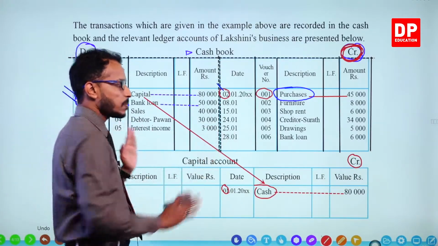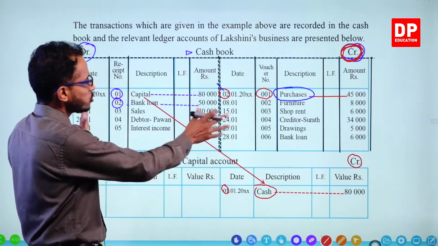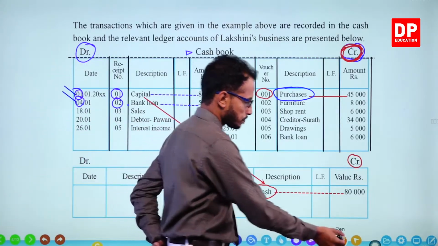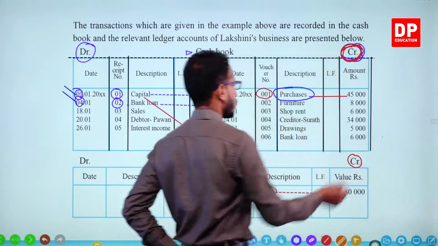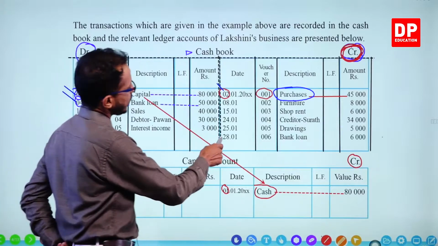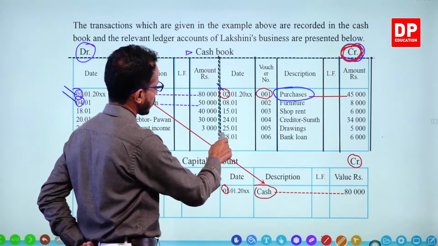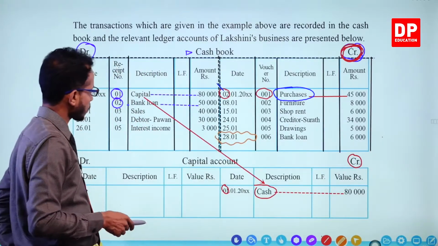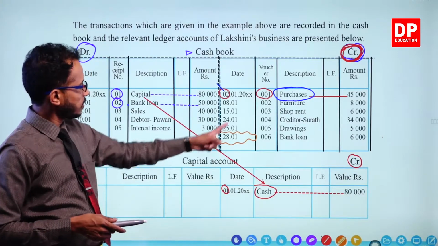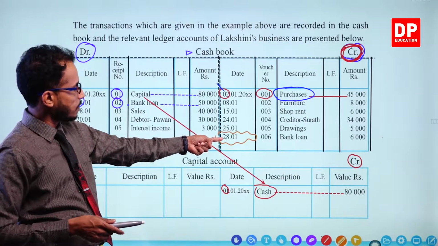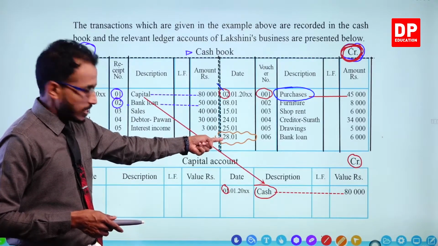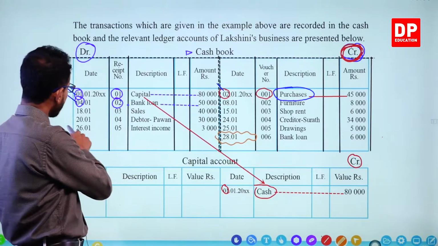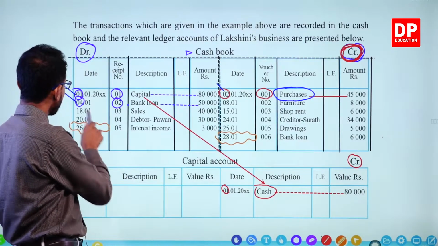Now this cash book has been used to record transactions up until 28th. Can you see this date? On the credit side, the last entry has been recorded on 28th. On the debit side, the last entry has been recorded on 26th.